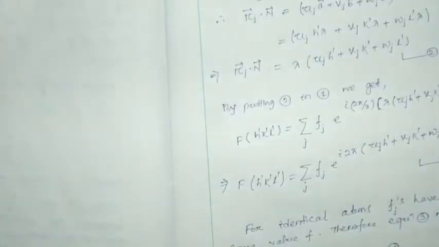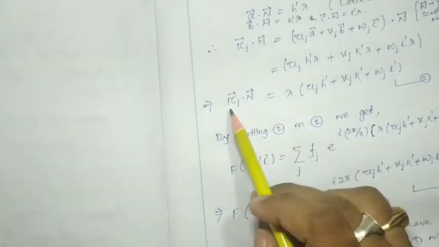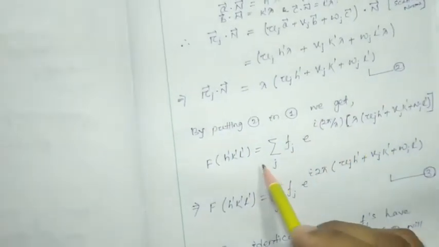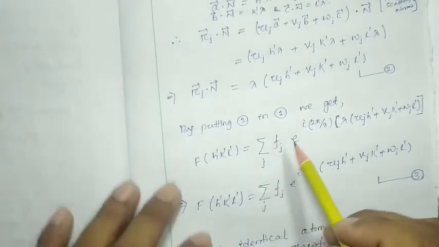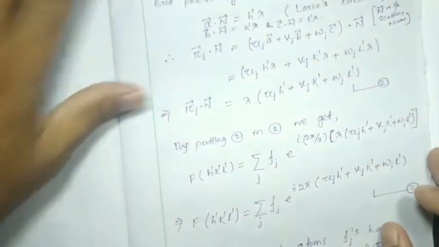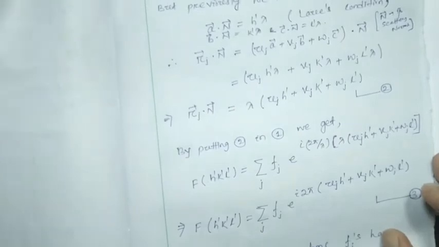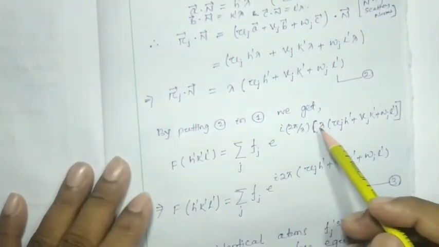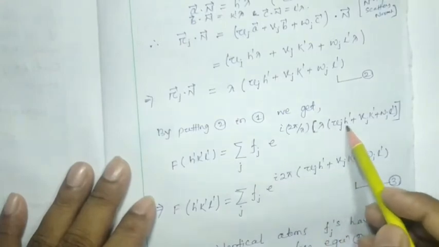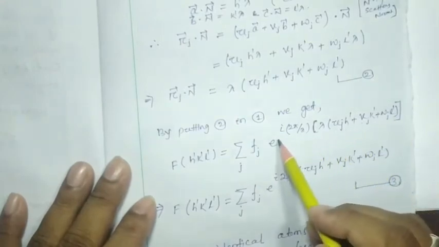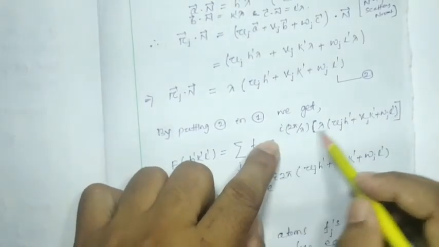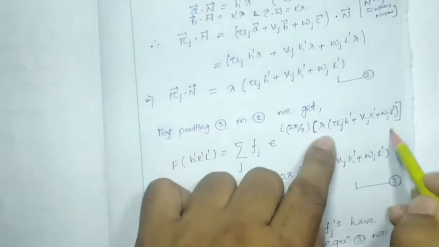So if we put the r dot n value in equation number 1, we get summation over j fj e to the power i 2 pi by lambda into this, with all the terms in the exponent. This is not multiplied with this one.